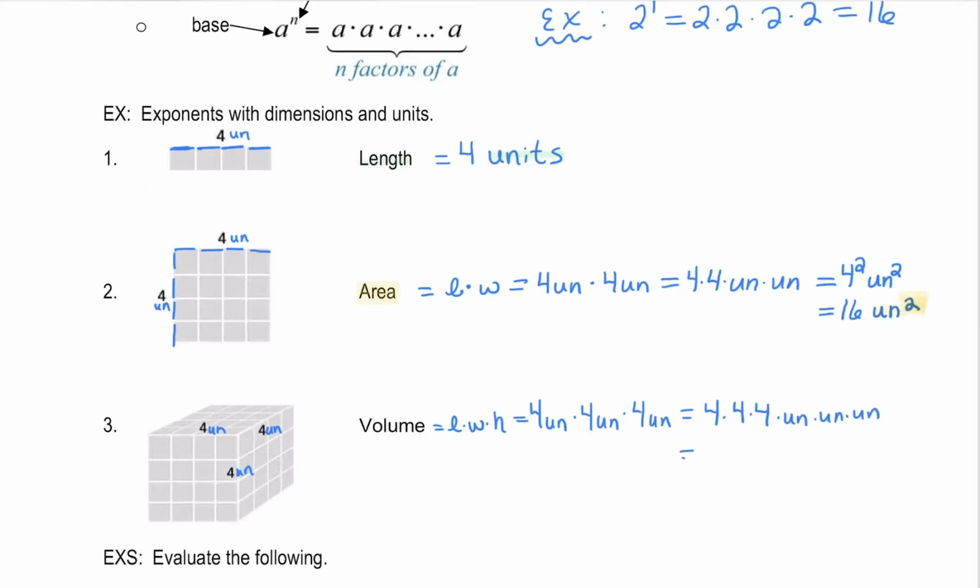That reveals that, just like 4 times itself 3 times is 4 cubed, units times itself 3 times is cubic units. So if we're talking about a volume measurement, then we have cubic units on its label. So we multiply labels just like we do variables. There's a direct application of working with that basic rule, the definition of an exponent, and we'll return to more of that at the end of this section.